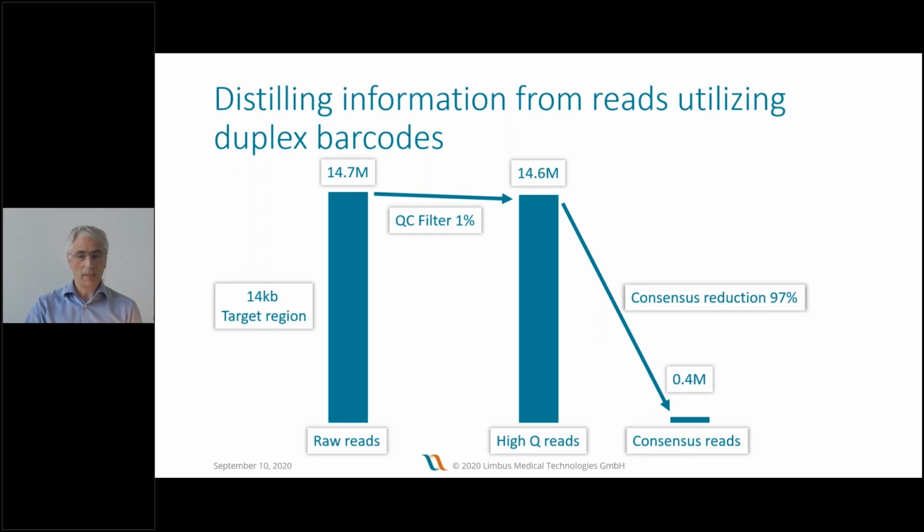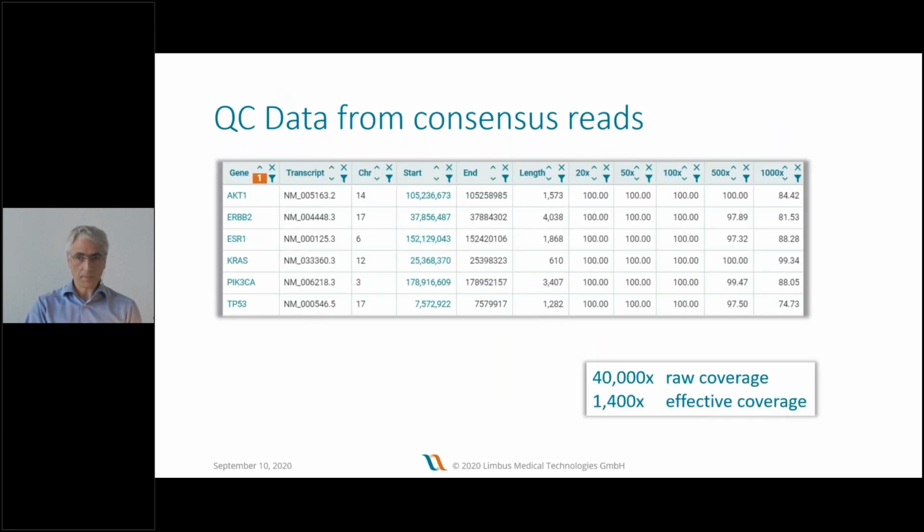But you have to keep in mind that you need to start from this large number of reads. You need to have this large sequencing capacity available to obtain these high quality reads that allow you to call very rare variants. This is an example of a QC report from inside our software, Varvis. It's listing the 6 genes that were contained in the panel.